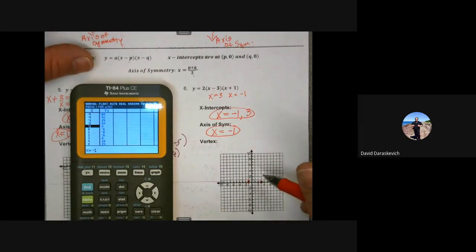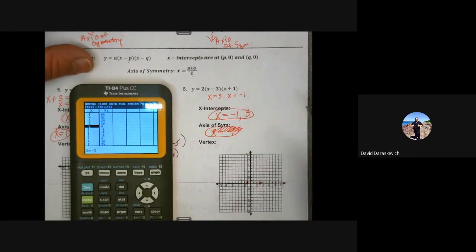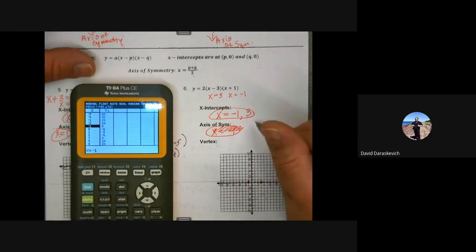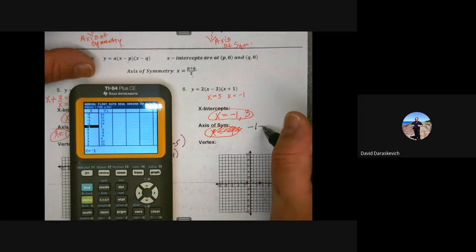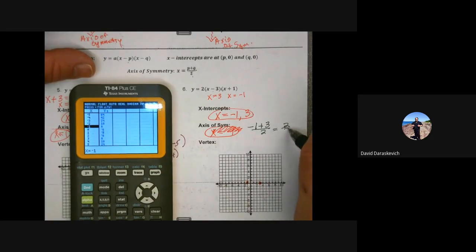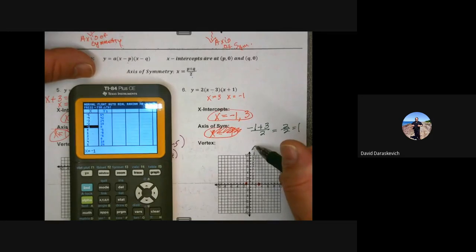Here's my, no, that's not right. I have to do p plus q divided by 2, and 2 over 2 is positive. That's what I thought. So here's my axis of symmetry, x equal +1.